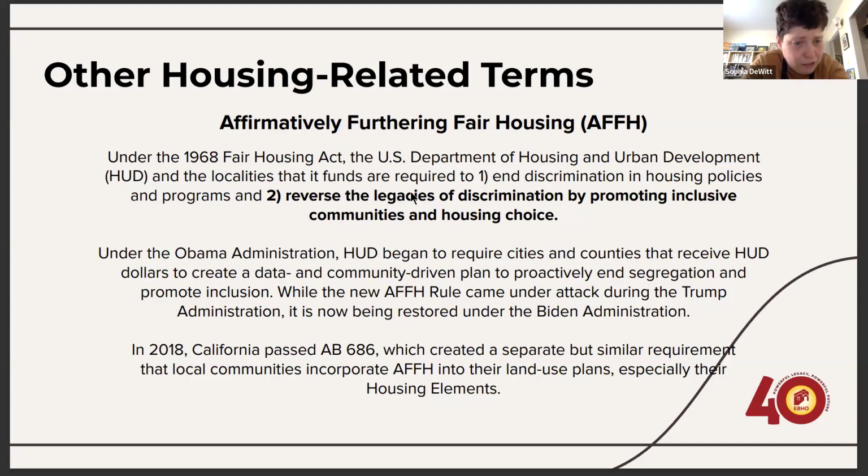And during the Trump years, in 2018, California recognized what the Trump administration was trying to do and passed its own law, AB 686, which created a separate but similar requirement that local communities in California incorporate affirmatively furthering fair housing into their land use plans and their housing programs, particularly including their housing elements.